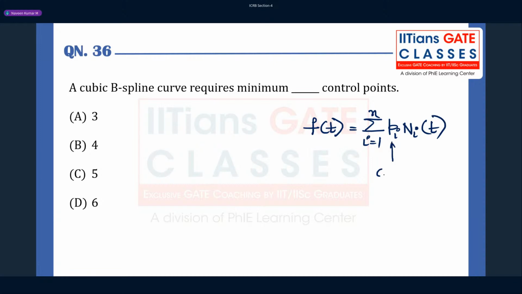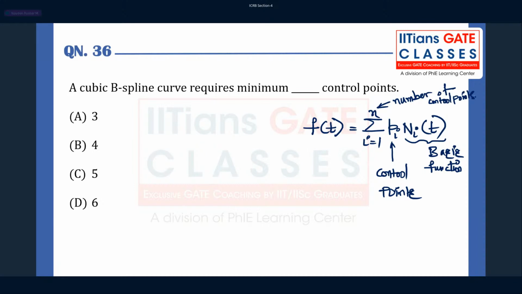These are control points, and this is your basis function, and this is your number of control points. Okay.